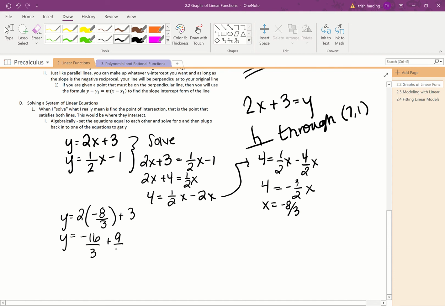So I'm going to multiply top and bottom by 3, because 9 divided by 3 is 3. These guys are the same. And then that is going to give me negative 7 over 3, and that's my y. So negative 8 over 3, negative 7 over 3.